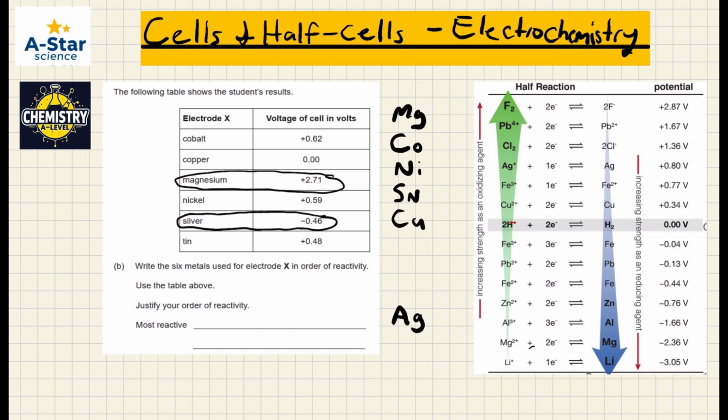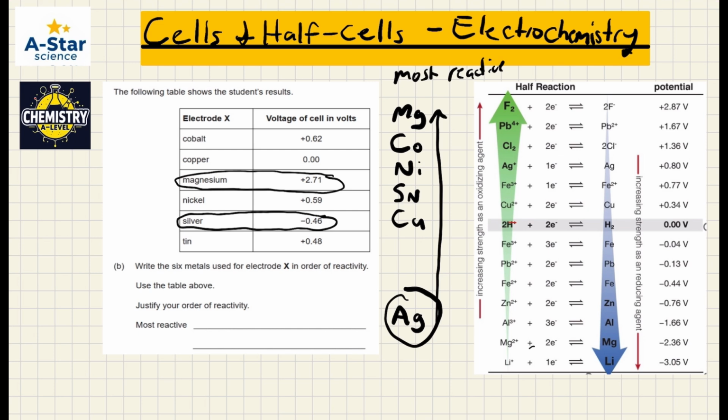And then it's silver. Okay, so that is the reactivity series based on the voltage, with the most reactive being at the top and the least reactive being at the bottom. We know that silver is the least reactive because it's even below copper. It has a minus standard electrode potential.